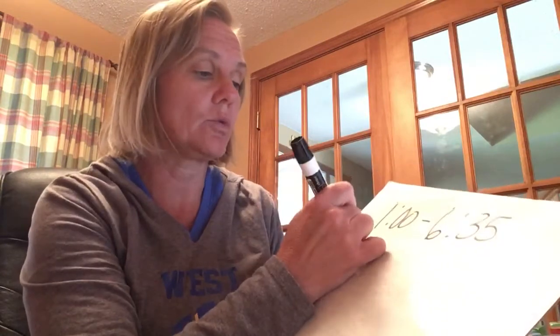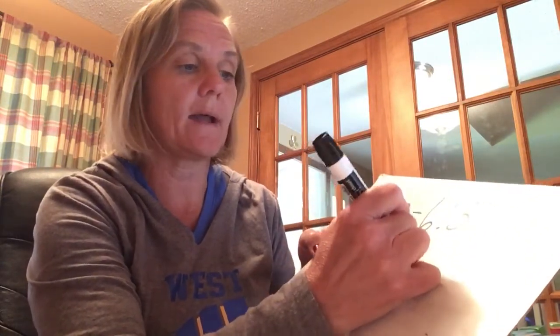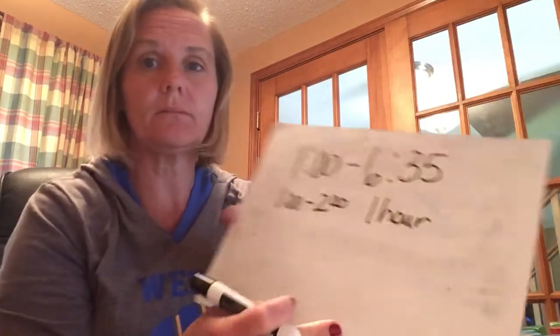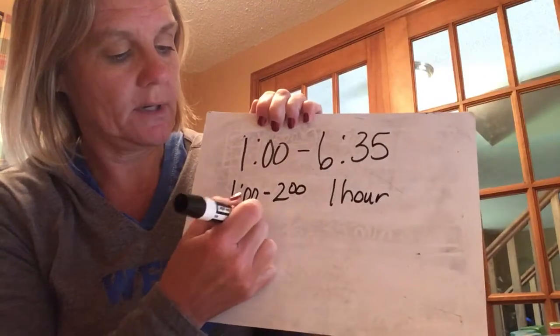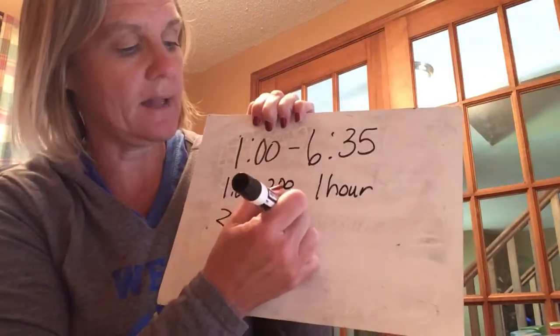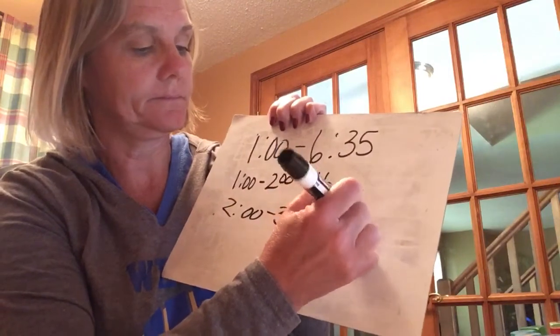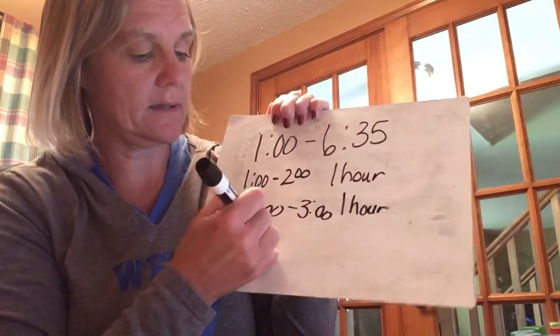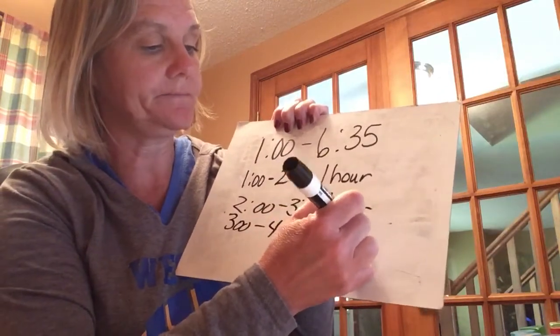So 1 o'clock to 2 o'clock is 1 hour. Okay. Then 2 o'clock to 3 o'clock is another hour. Then 3 o'clock to 4 o'clock is another hour.